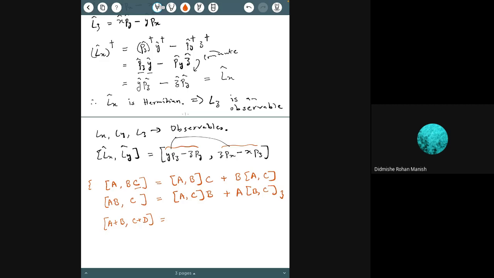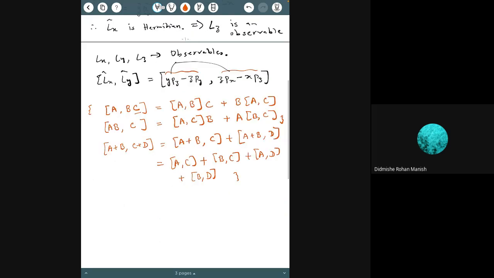This is A plus B comma C plus A plus B comma D, and then you can separate this further as A comma C plus B comma C plus A comma D plus B comma D. So these are some relations that we have.